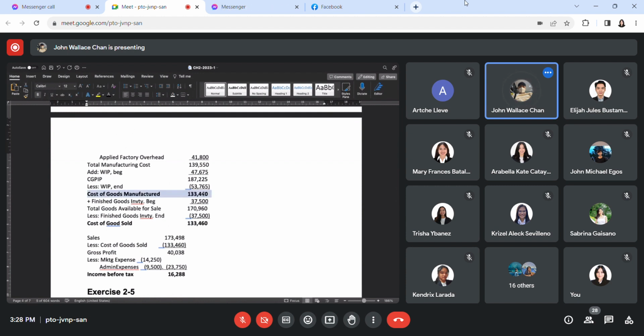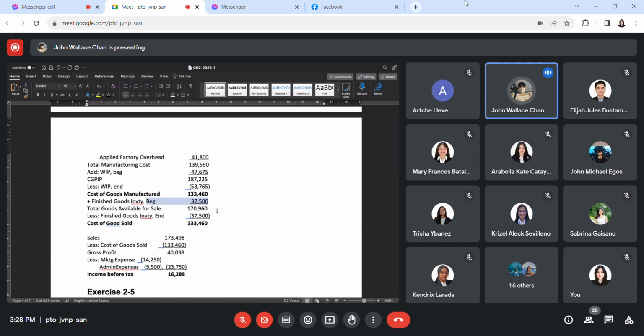After getting our cost of goods manufactured, to get our cost of goods sold, we have to add our finished goods inventory and subtract our finished goods ending. So our finished goods inventory beginning is 37,500, which gives us total goods available for sale valued at 170,960 pesos.